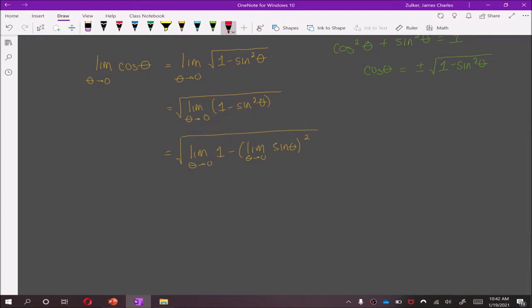But we know that this limit right here is 0. So this is now essentially the square root of 1 minus 0 squared, and that is just 1. So the limit as theta approaches 0 of cosine of theta is equal to 1.